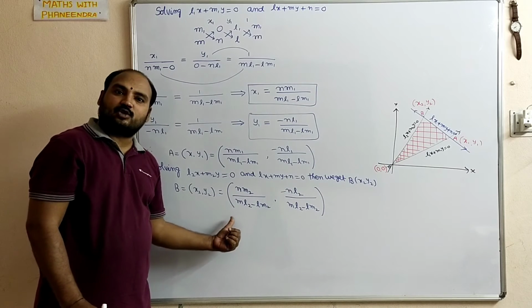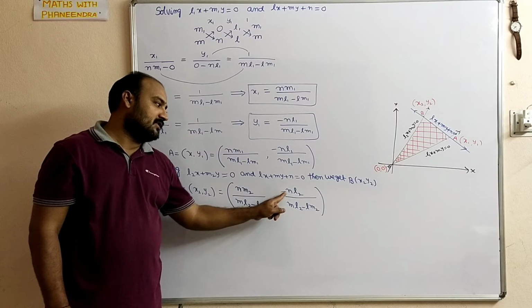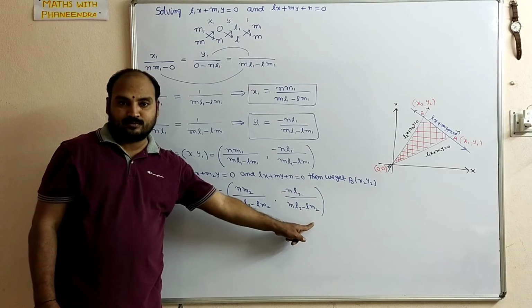Like this, B of x2 y2 is nm2 by ml2 minus lm2, comma, minus nl2 by ml2 minus lm2.